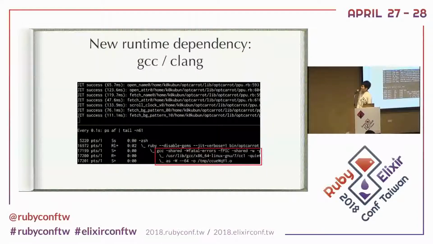So it's kind of strange behavior of the new Ruby, but it's very good for our development and maintainability. The above logs are printed by --jit-verbose=1, and you can see how long it takes to JIT compile one method and what the JIT compiled by some options.